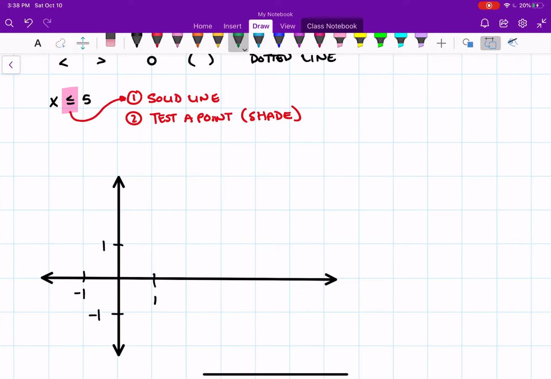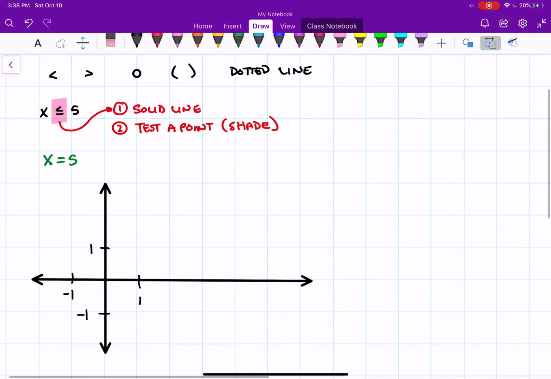I'm going to pretend that this is now x equals 5, and that's what I'm going to graph. If x is equal to 5, that's a vertical line, and I want it to be solid. So the line is 1, 2, 3, 4, 5. Here's my x equals 5 line, and it is solid.